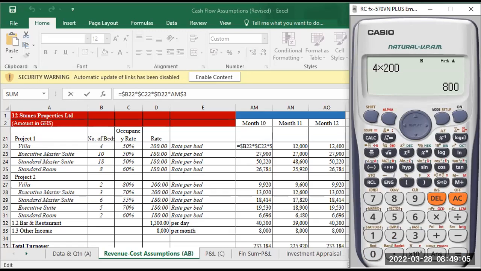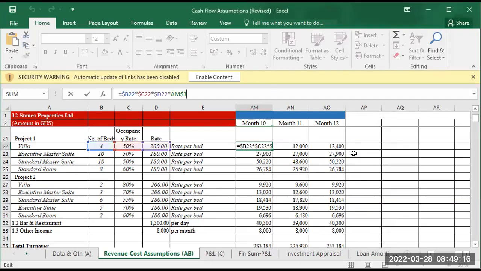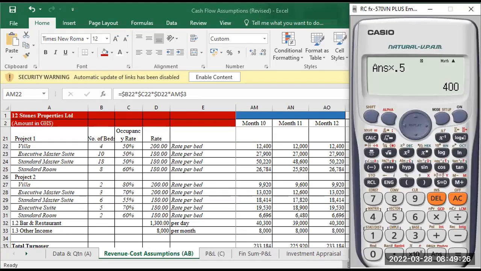But the occupancy rate is 50%, so you multiply by 50%, which is 0.5. And that is 400. But 400 should be for a day, isn't it? Okay, which month are we considering? Let's assume month 10 is October.